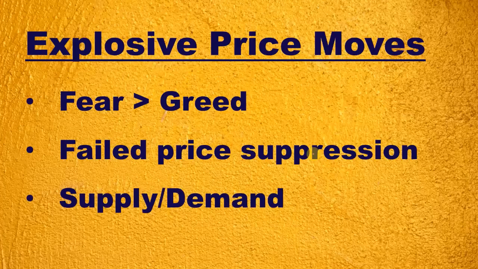Another possibility is where you've got very, very strong supply-demand issues. If you've got a huge amount of demand and the supply is just dwindling and getting ridiculously small, and it's something that's absolutely essential or something that people really want, that could be another factor that pushes prices like that.